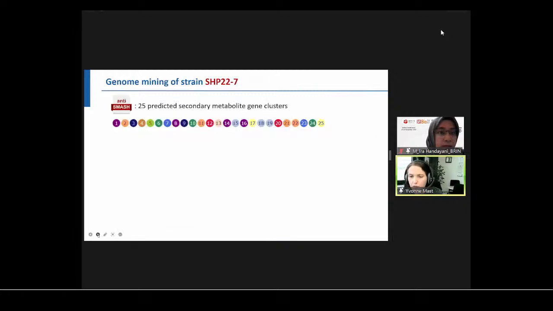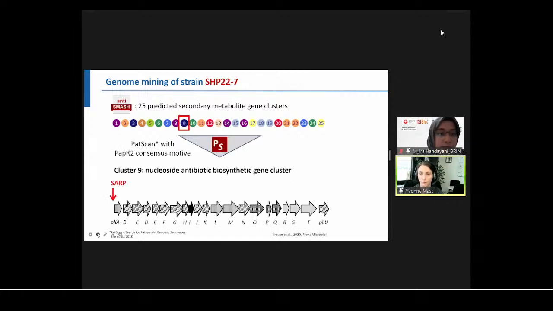Now, what you would do in the next step is go into the lab and do elaborate isolation of that compound and check what the substance really is. But we didn't do that. In the first place, we started a genome mining approach of that strain in order to find out what might be the cluster that encodes the substance with this improved bioactivity. As I said, we had the genome sequence in hand. We performed an antiSMASH analysis for the prediction of potential antibiotic gene clusters, and thereby identified 25 potential secondary metabolite gene clusters.